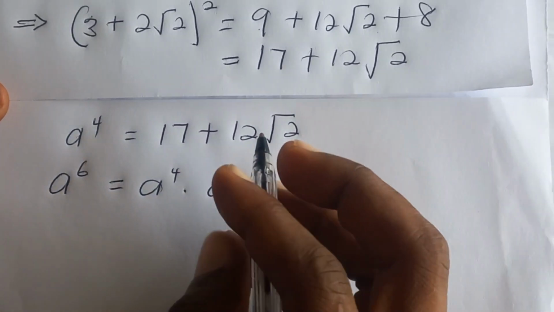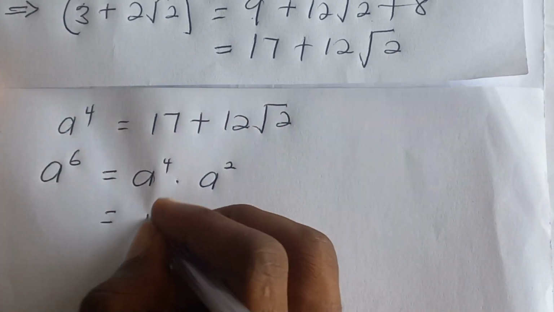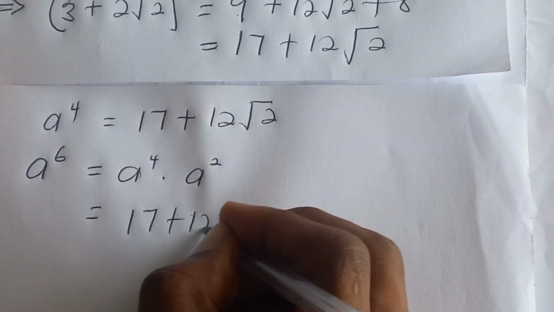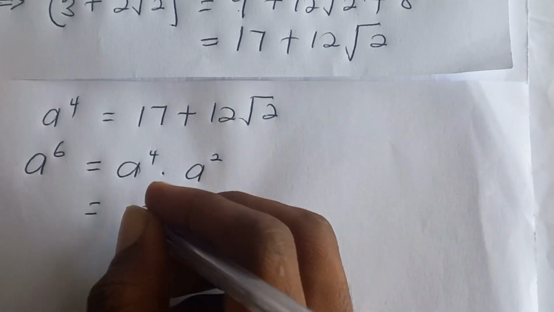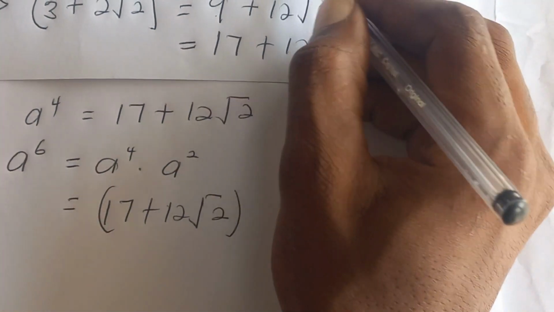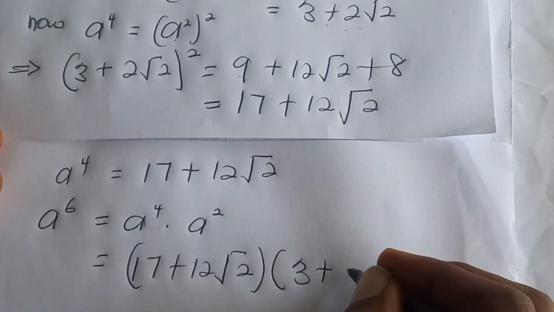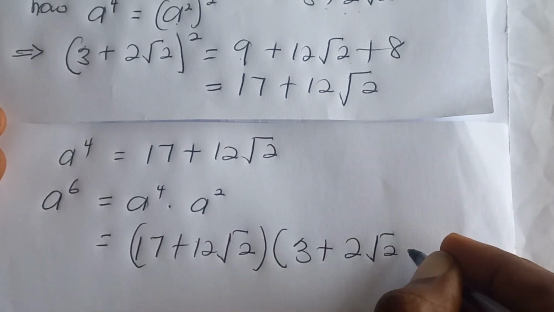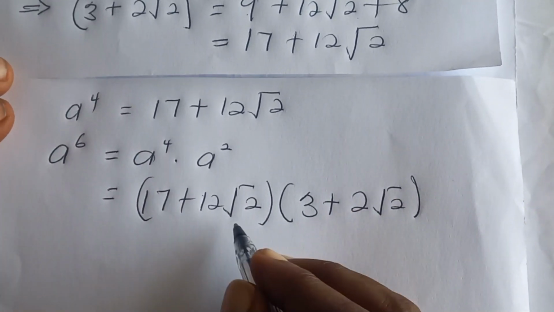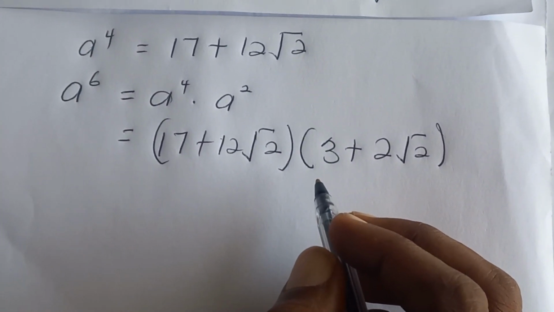Our a exponent 4 is 17 plus 12 square root of 2, then our a squared is 3 plus 2 square root of 2. Now we are going to multiply these two expressions together.